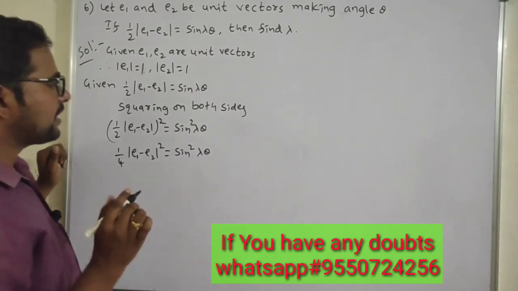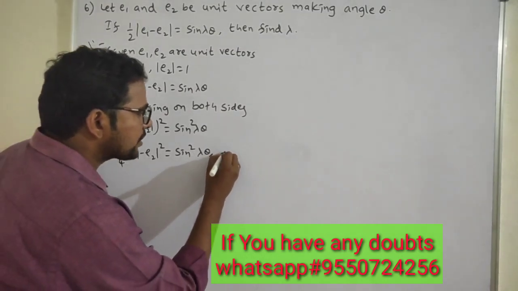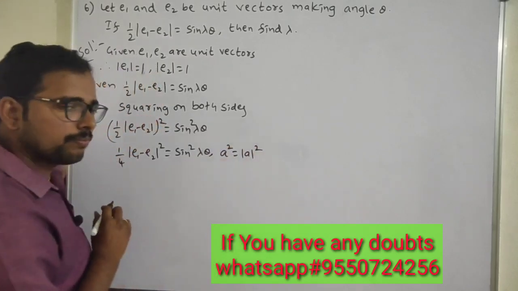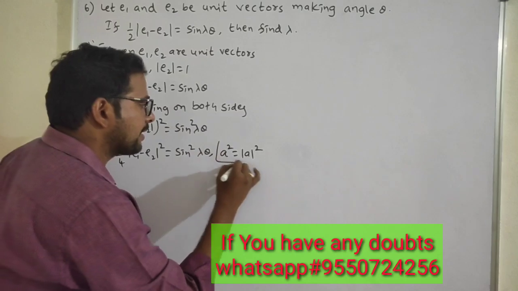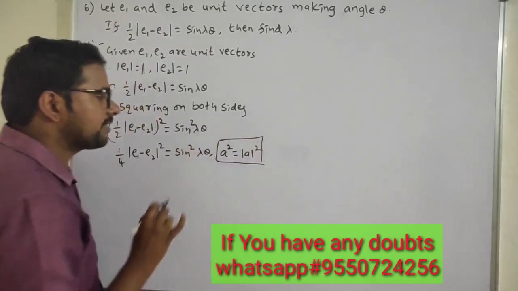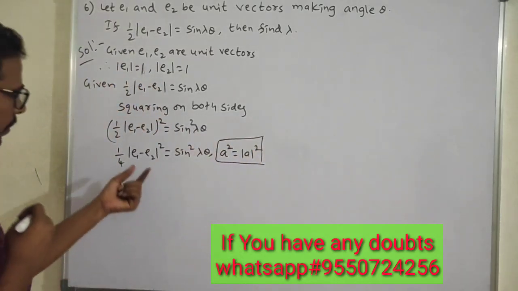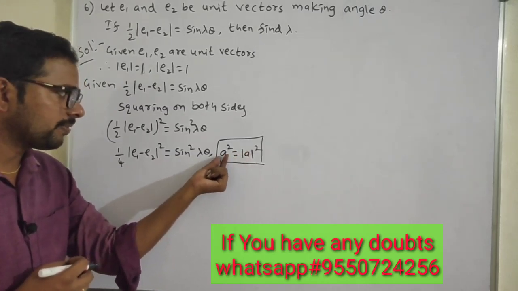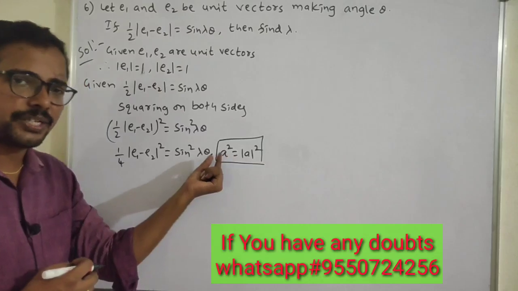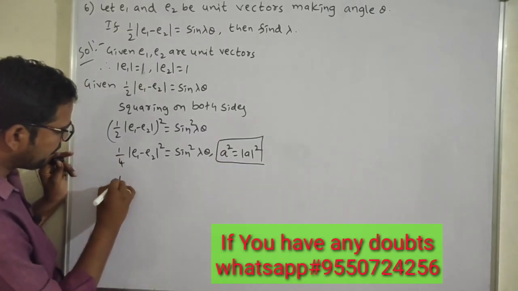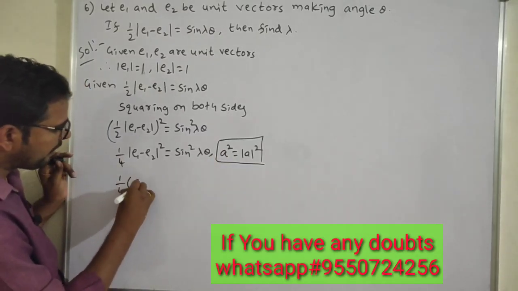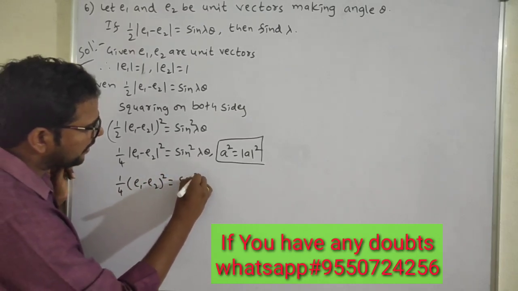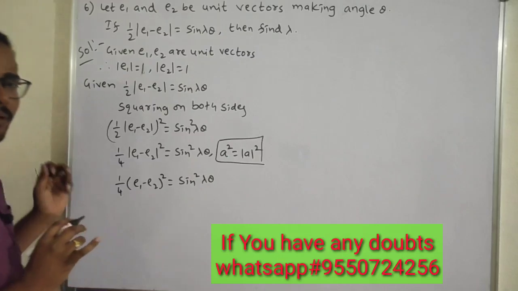In the previous class we have seen a square is equal to modulus a square. We derived that. So it is in the form of modulus a square, and we can write it as a square. So 1 by 4 E1 minus E2 whole square is equal to sin square lambda theta.